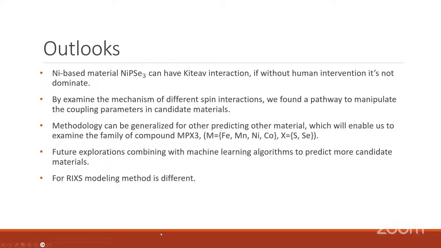But I would like to do more explorations in the future on how to model the RIXS resonant spectroscopy. That may be another big topic in the future for van der Waals magnets, MPX₃, or other materials in the system.